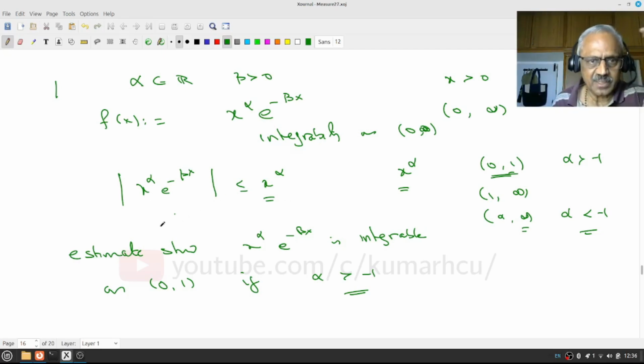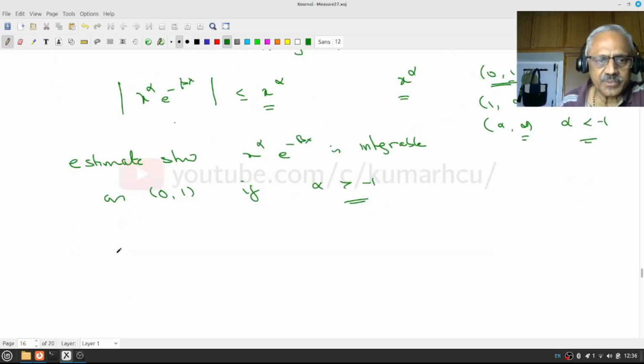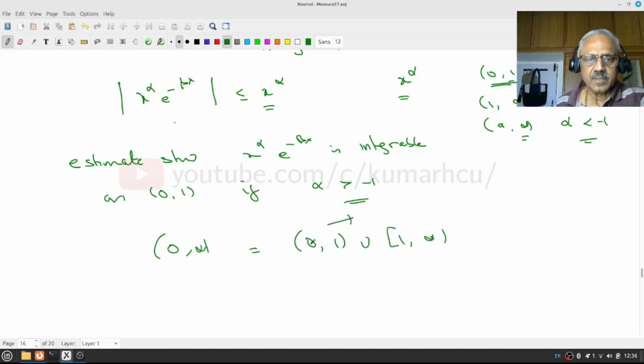Therefore, this is a simple observation: this will be integrable. Is that clear? So I only have to look now at 1 to infinity. I am going to write 0 to infinity as the union of 0, 1 and 1 to infinity. On 0, 1, if I assume alpha is greater than minus 1, integrability of this function is assured. Then I have to check the other interval.